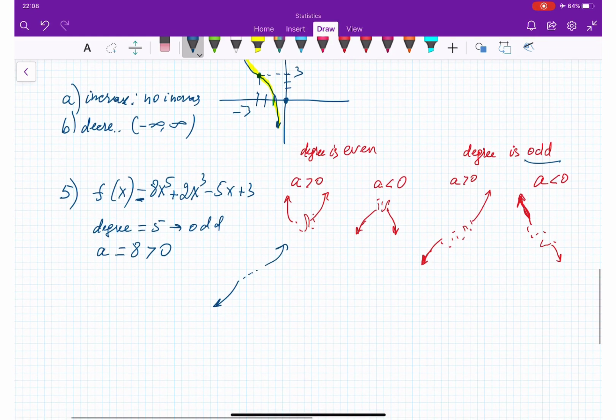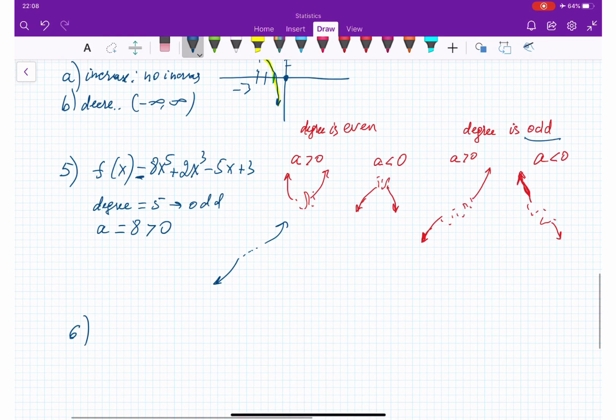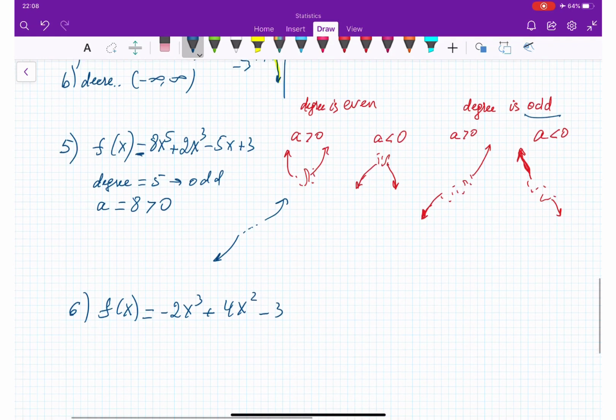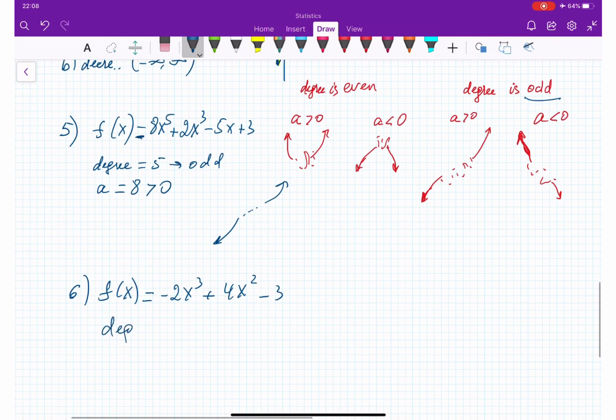Okay. Next, question number 6. Again, describe the end behavior. We have f of x is equal to negative 2x cubed plus 4x squared minus 3. Highest degree is 3, right?